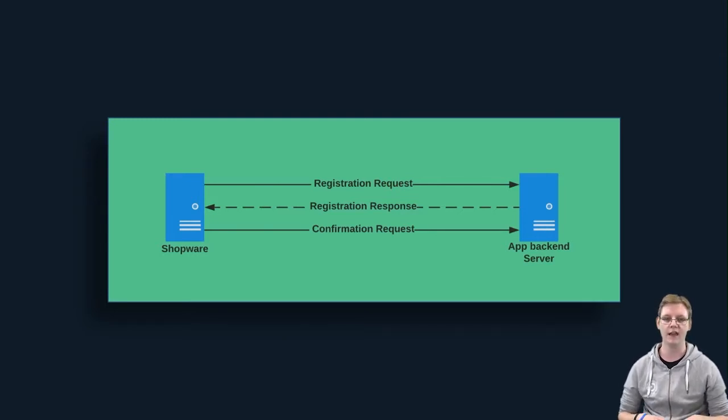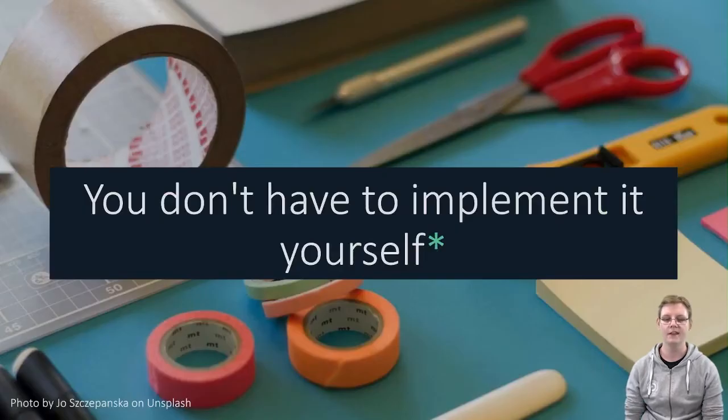Again, you can also add some permissions with an auto-generated role, so that the app user, the merchant, will know what kind of data your app can access, providing safety on both sides. But the good thing is, even though it sounds a bit complicated, you don't even really have to implement this yourself. We provide SDKs in several programming languages.